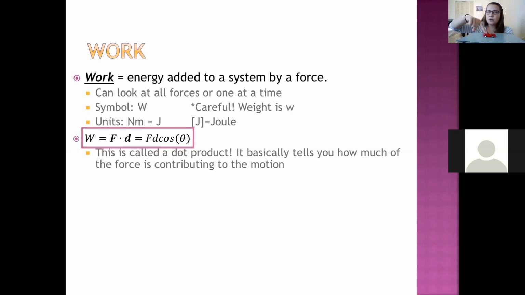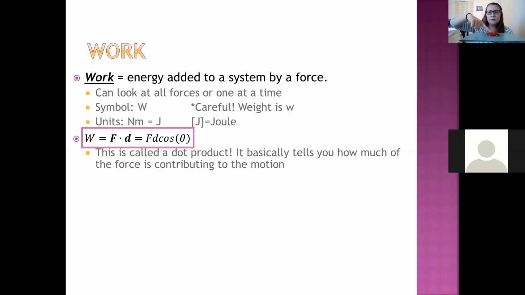So only part of the force that I'm applying is actually going towards making this car move forward. And the other part is just kind of being wasted as I push it harder into the ground. If I push the car straight down on the notebook, then none of the force that I'm applying is going to making it move forward. All of the force is going downward, not forward. So whatever amount of force is parallel to the direction of motion or the displacement, that is the force that's doing work.